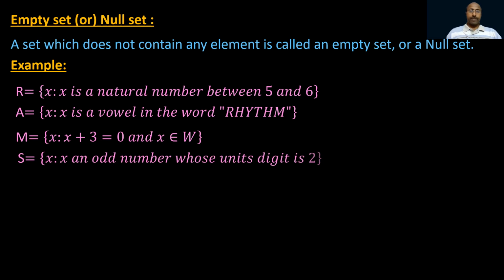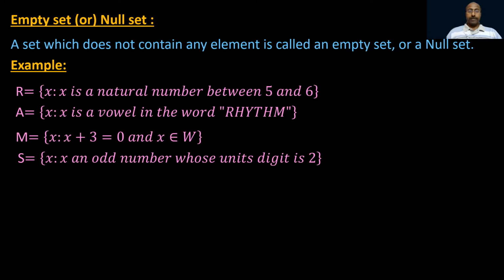Next one is S equal to the set of x such that x is an odd number whose unit digit is 2. We know that all odd numbers contain either 1, 3, 5, 7 or 9 in the units place, isn't it? The numbers ending with 1, 3, 5, 7 or 9 are odd numbers.